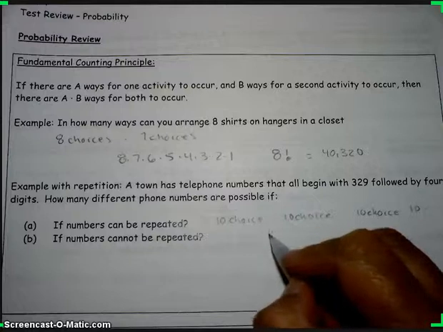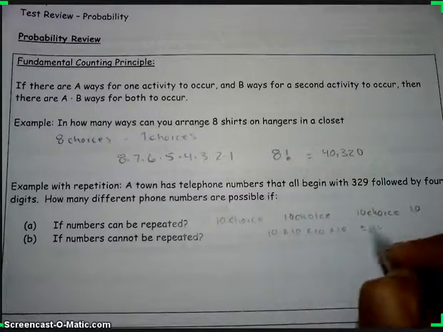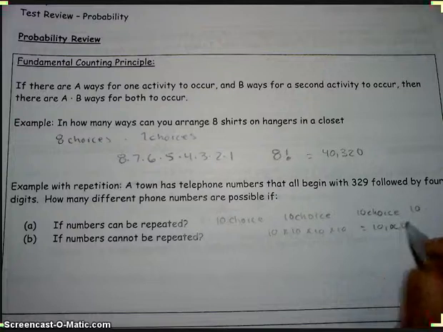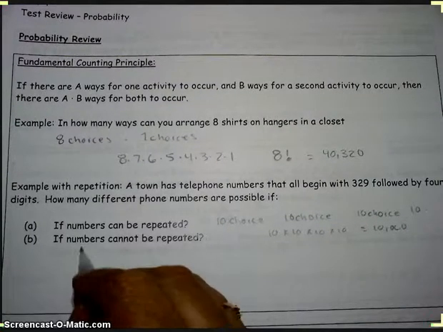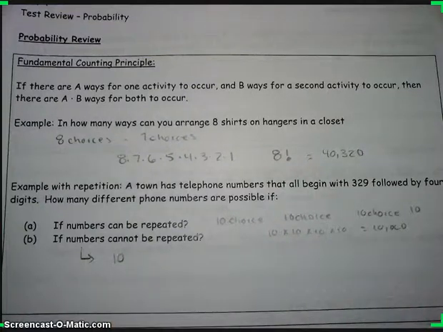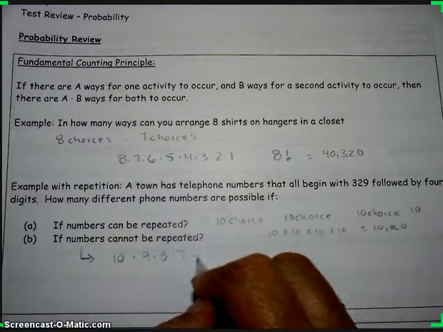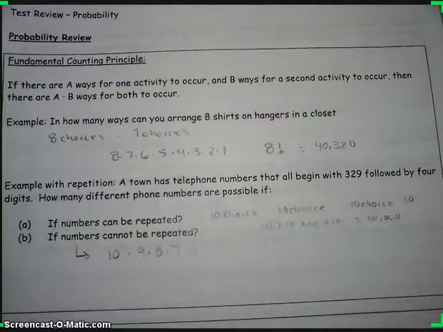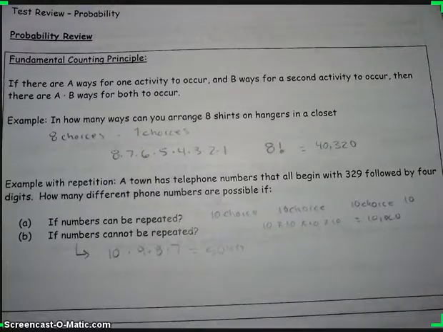So this would be 10 times 10 times 10 times 10, which gives you 10,000 choices. Now on B, if you can't repeat, you have 10 choices for the first one. That one's out of the question, you can't use that anymore, so then it's times 9, times 8, times 7. If you multiply that out, you get 5,040 choices.